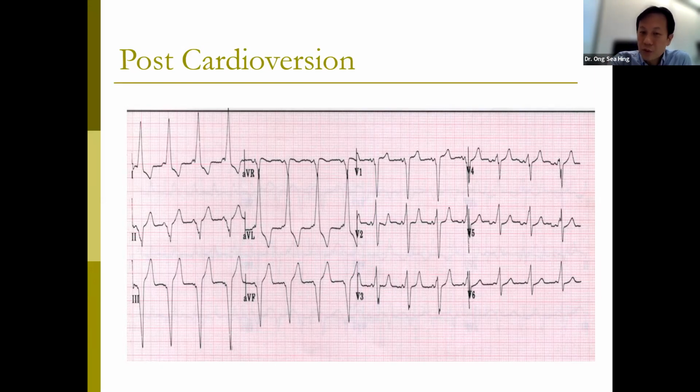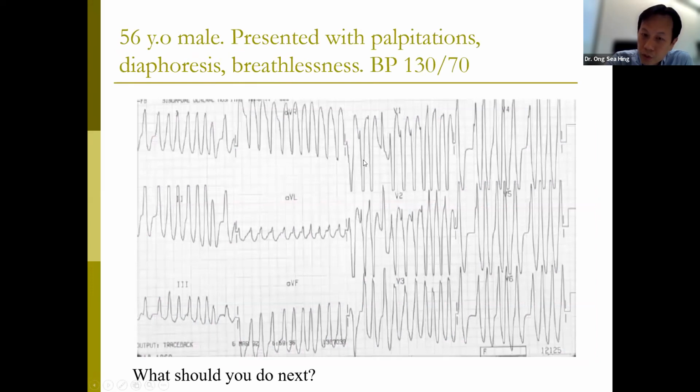Because the accessory pathway is faster in conduction, if you have atrial fibrillation, which is what this ECG is, the atrial fibrillatory waves, which could be between 300 to 600 beats per minute, a lot of this electricity from the atrium can conduct through to the ventricle through the accessory pathway.